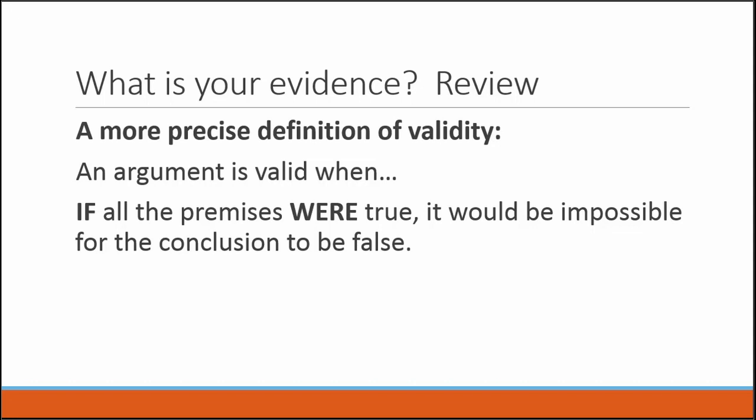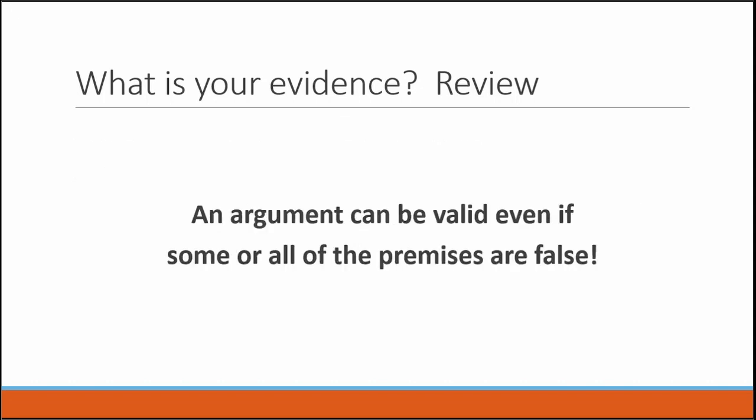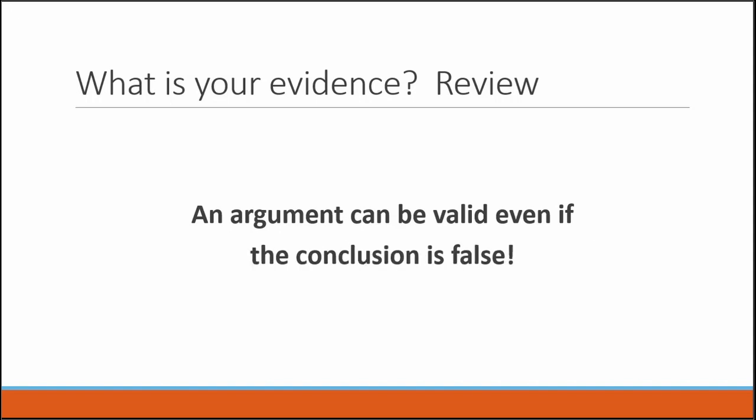Now look, it says if the premises were true. An argument can be valid even if some or all of the premises are false, as long as those premises imply the conclusion. Similarly, an argument can be valid even if the conclusion is false, as long as if the premises were true, the conclusion would have to be true.